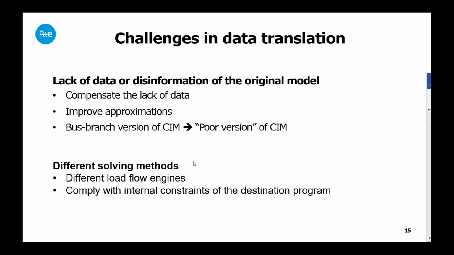You can also have two PV regulators at the same node that are not accepted in one software. So we need to comply with internal constraints of the destination program. For EMTP, for example, the positive sequence shunt susceptance of a CP line cannot be 0, so we need to put a small value instead of 0.